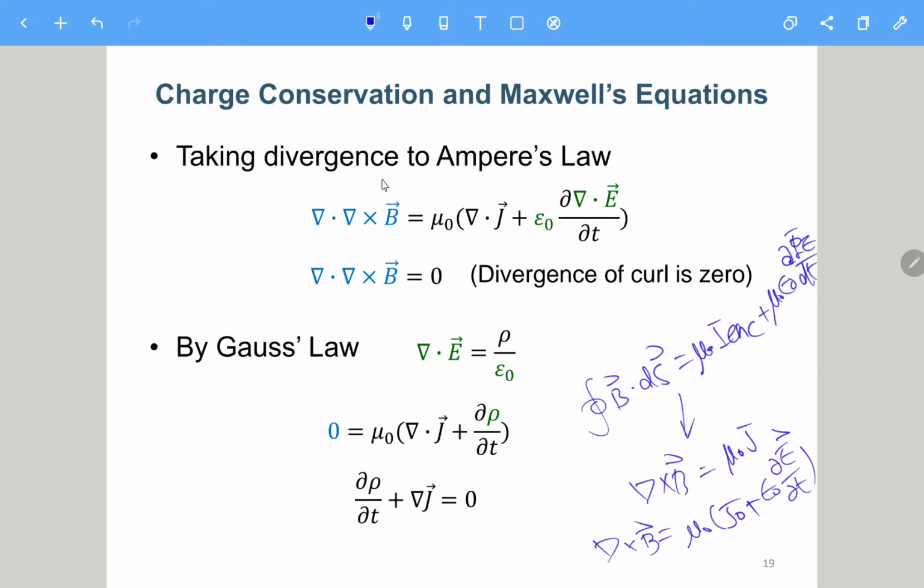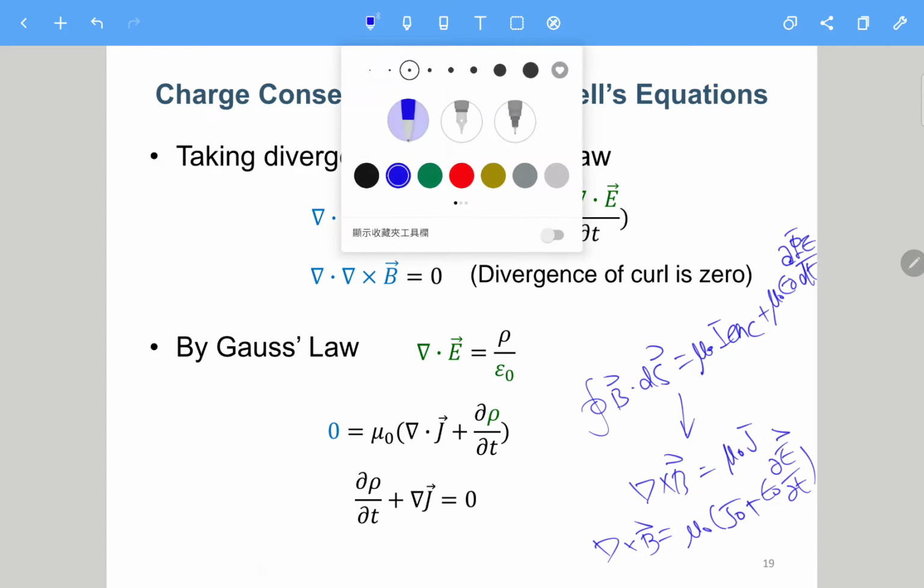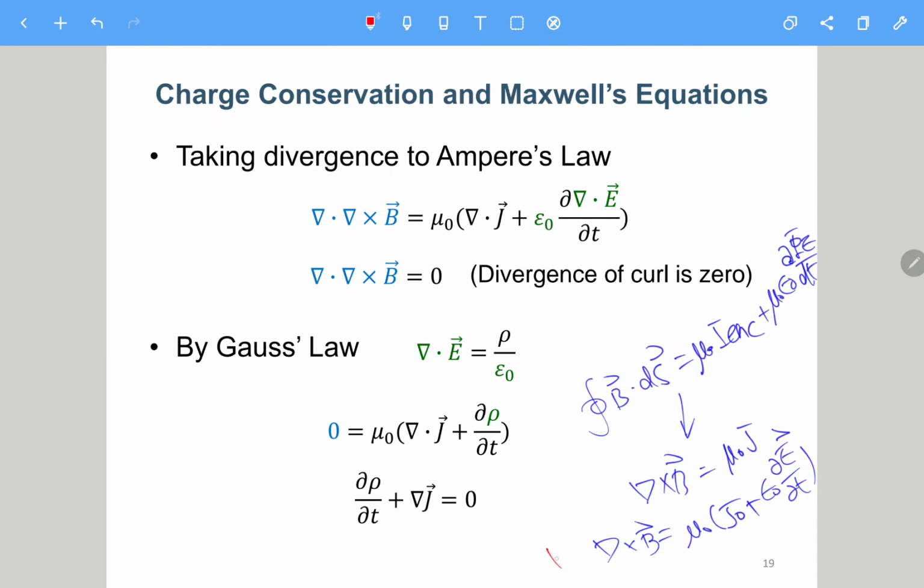Originally we have the Ampere's law. We try to take the divergence on both sides. Taking the divergence is like the divergence of the curl of B, and usually we won't write the parentheses here.